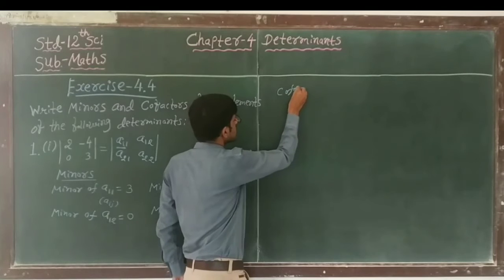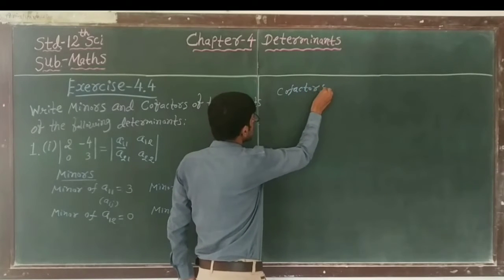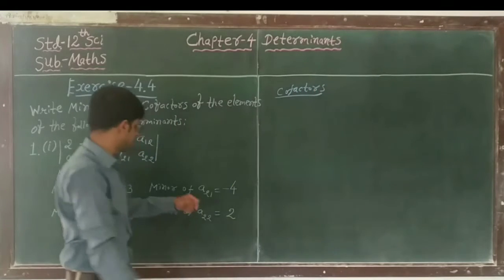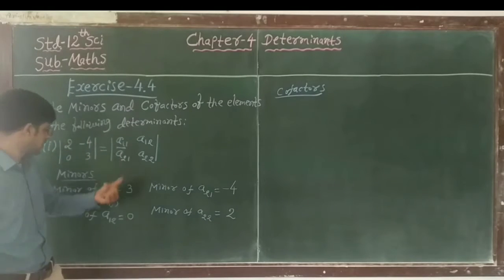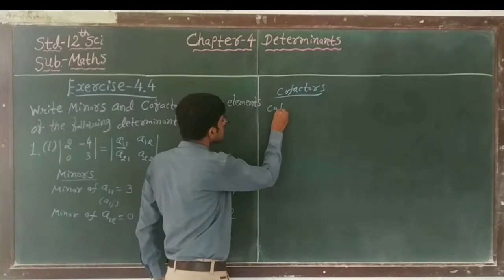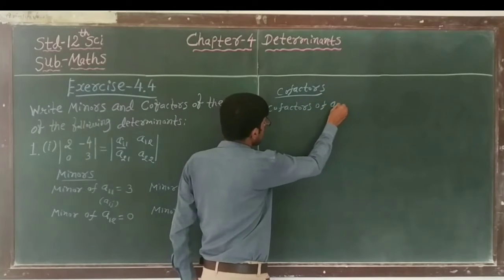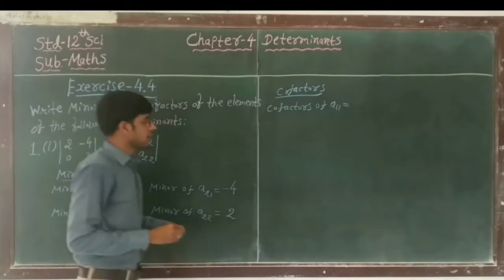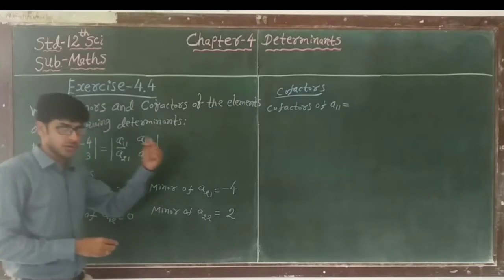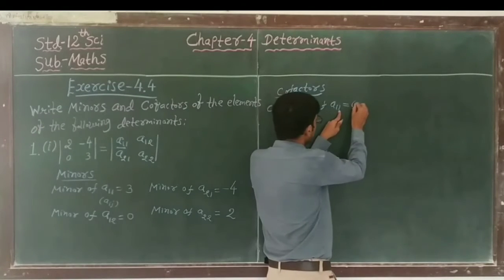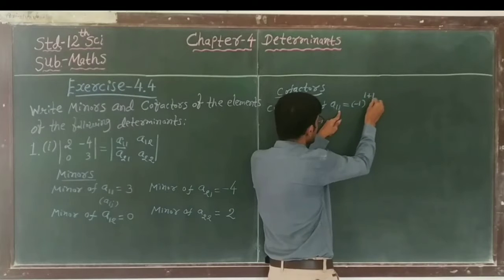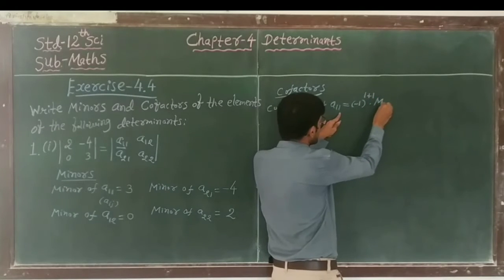Now we have to find the cofactors of the given elements. Same thing. First find the cofactor of A11. Minus 1 raised to 1 plus 1 into M11.